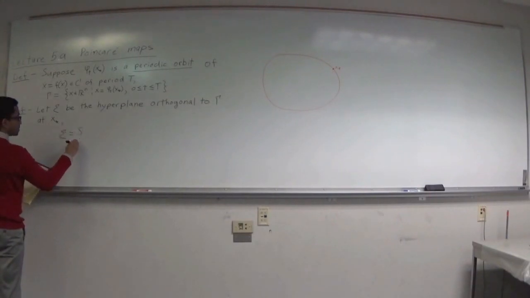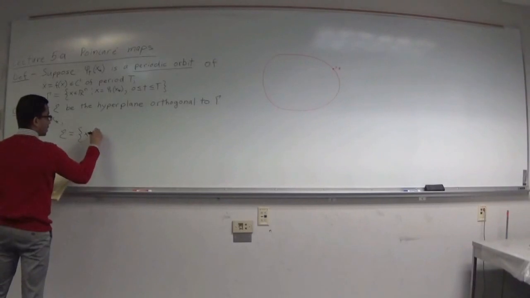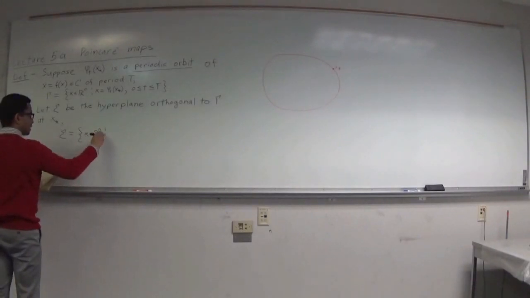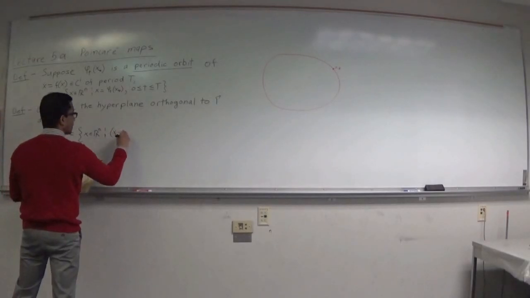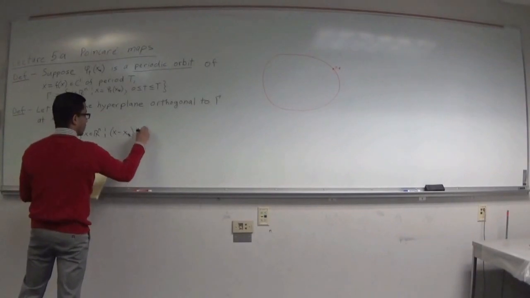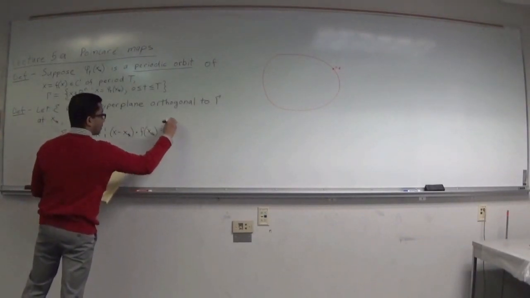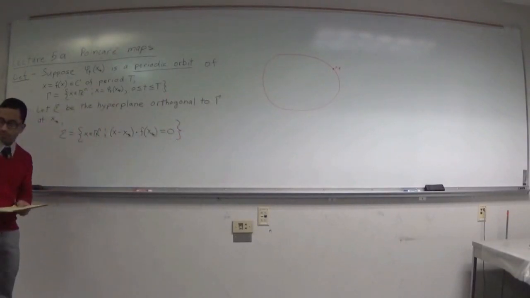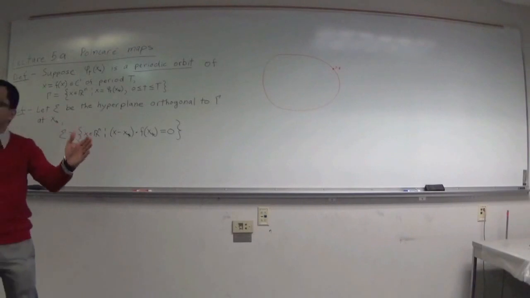In set notation, we can write it like this. Sigma is going to equal the set of x in Rn such that x minus x star, dotted with f of x star, equals 0. That's how we're going to define sigma. Basically, sigma is this section that we're going to put into the flow.